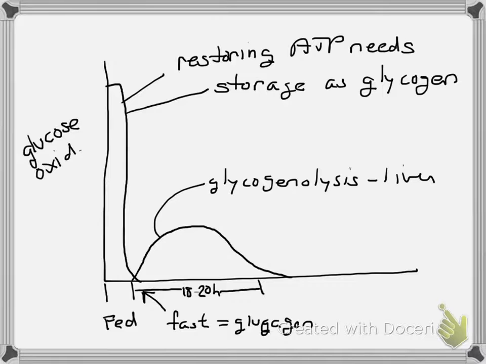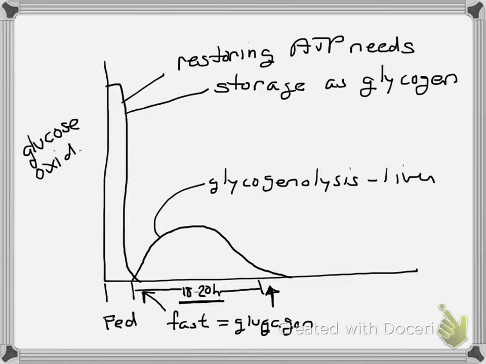So greater physical activity means that this amount of time will be shorter. So when we get to this point, our glucose availability starts to become compromised because our glycogen stores in the liver primarily are essentially depleted.